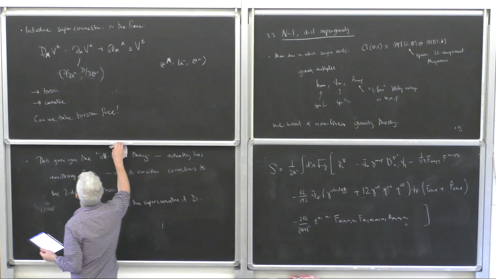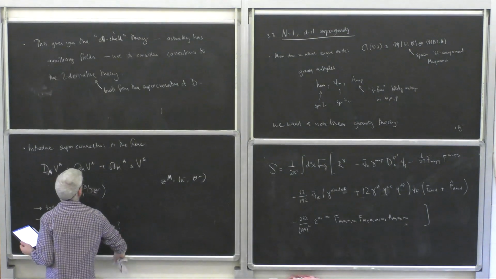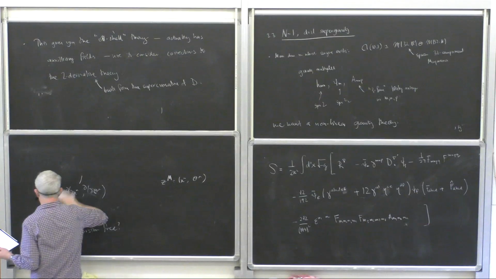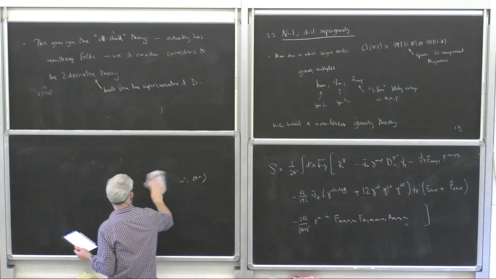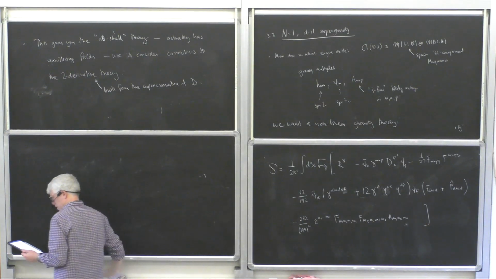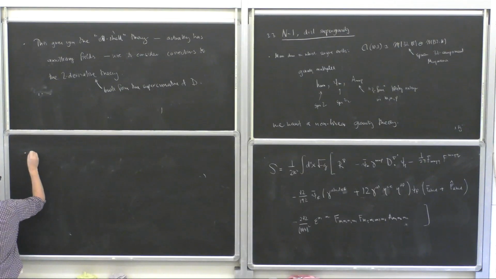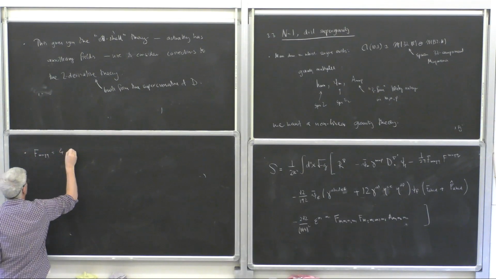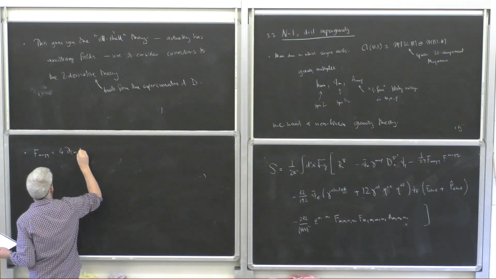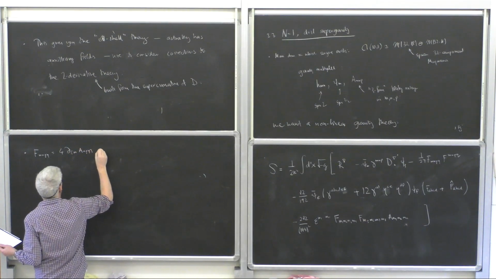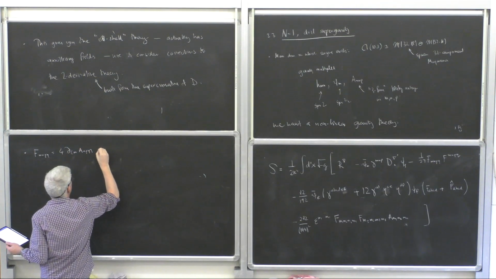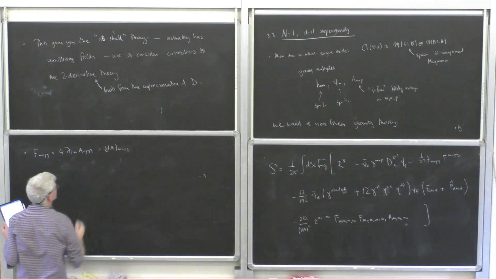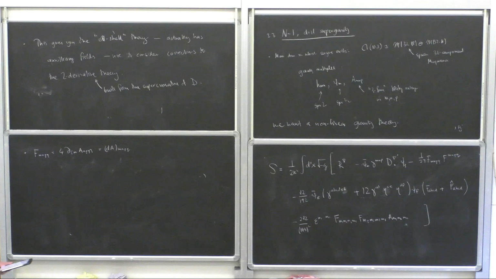First of all, I have this F, M, N, P, Q. This is 4 times the derivative of A, M, N, P, Q, or equivalently, this is dA, if you're used to thinking about differential forms.